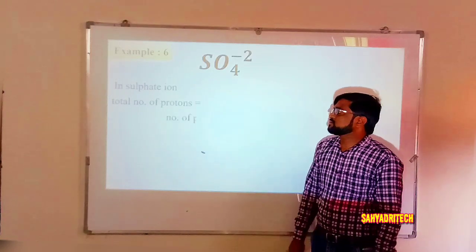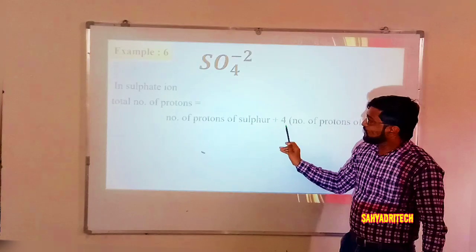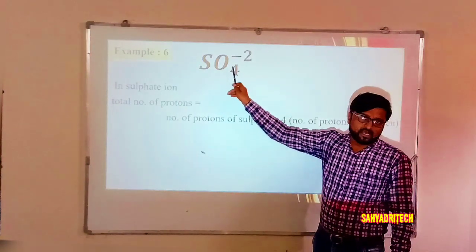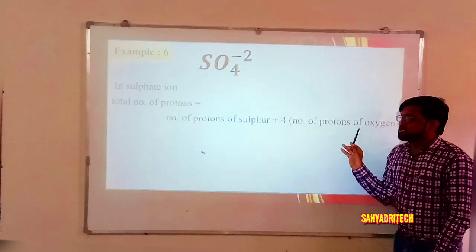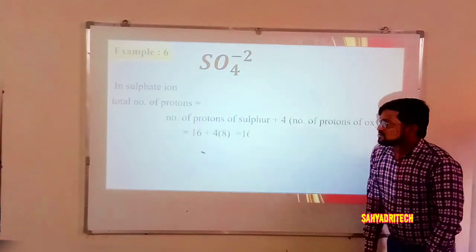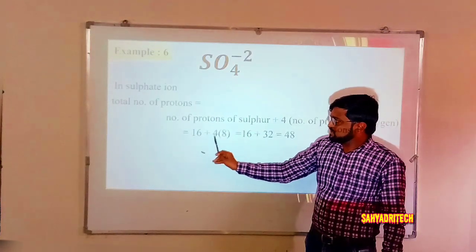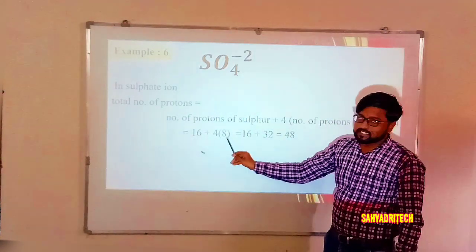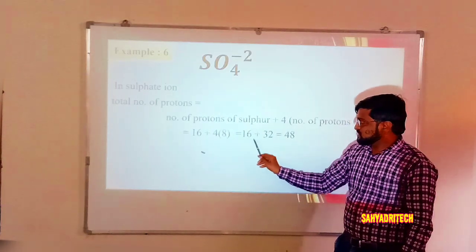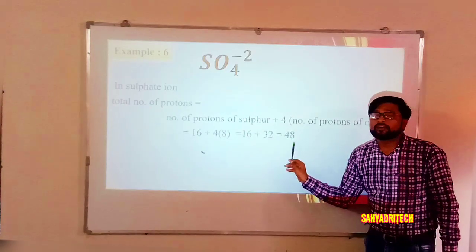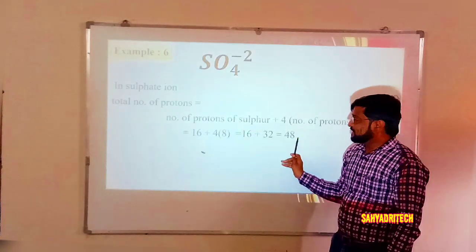Total number of protons is the number of protons of sulfur plus 4 into the number of protons of oxygen. Why 4? There are 4 oxygen atoms. Sulfur has atomic number 16, so 16 plus 4 into atomic number 8 for oxygen. 4 into 8 is 32, so 16 plus 32, answer is 48. So total number of protons is equal to 48 here.